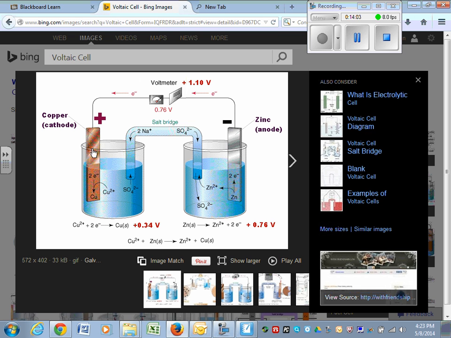And so the copper ions are jumping on top of this. And so this is actually getting thicker, or sometimes longer, depending on how you look at it. But the copper is getting coated onto this plate right here. So on the cathode, we're gaining electrons. We have a reduction reaction going on.